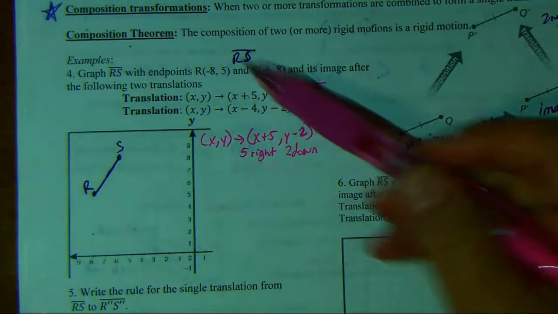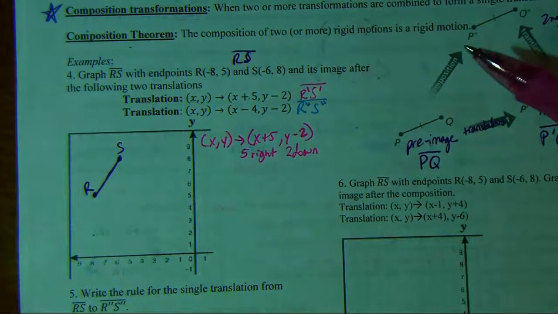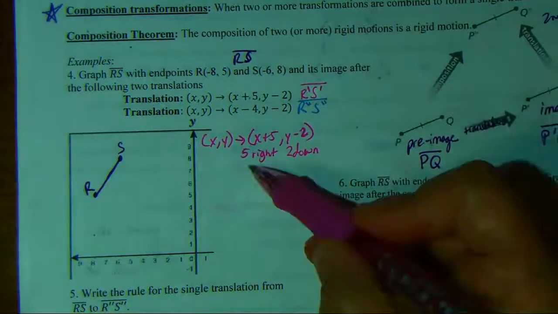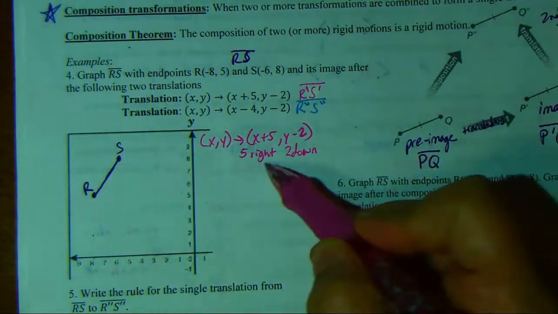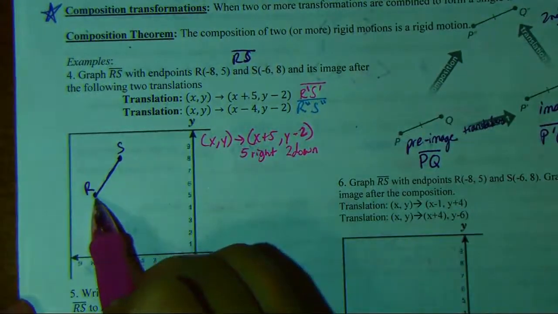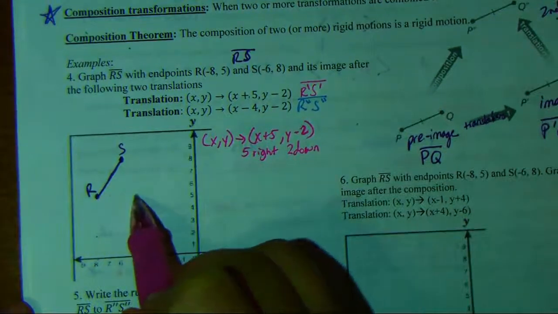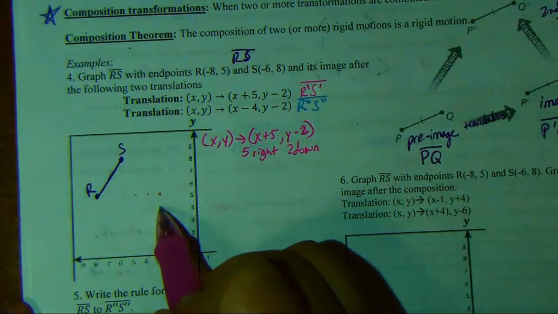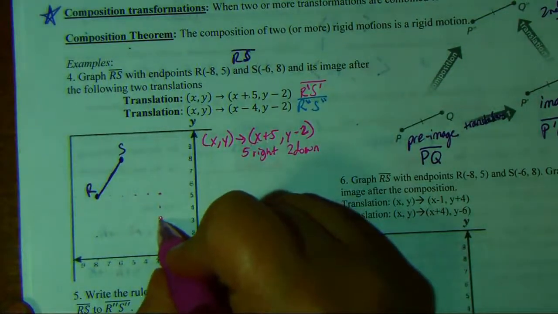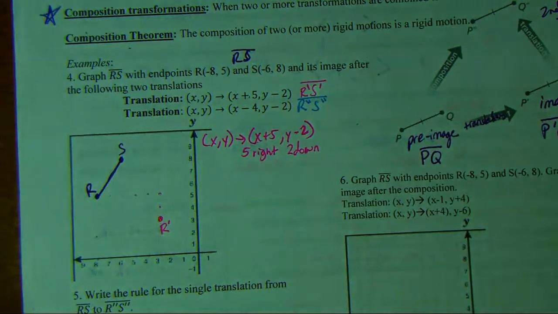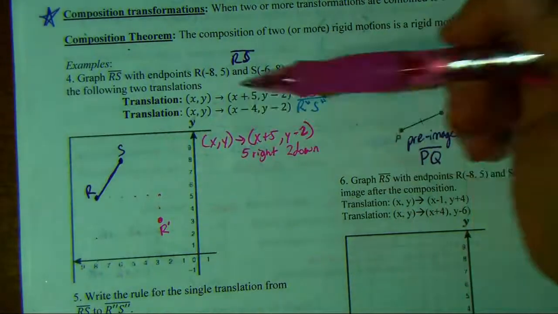Since we're mainly graphing here, I just need to move my segment. So I'm going to take each one of these points 5 right and 2 down. I'm going to start with R. 5 to the right is 1, 2, 3, 4, 5. And then 2 down, 1, 2. Here is R prime. Then I'm going to move S the same exact way.